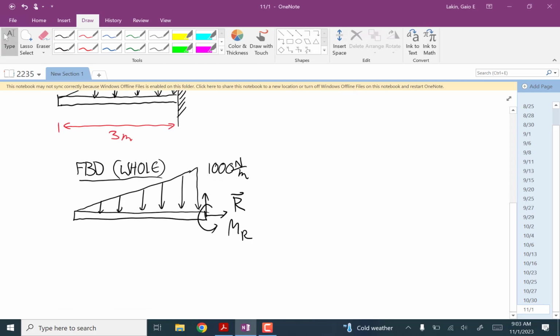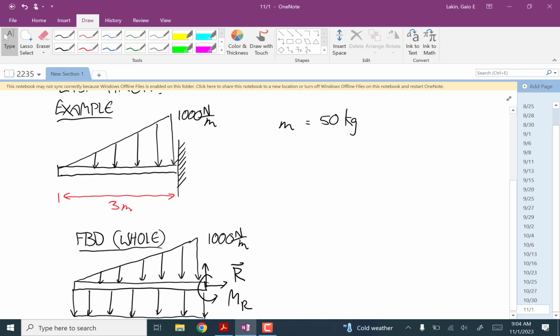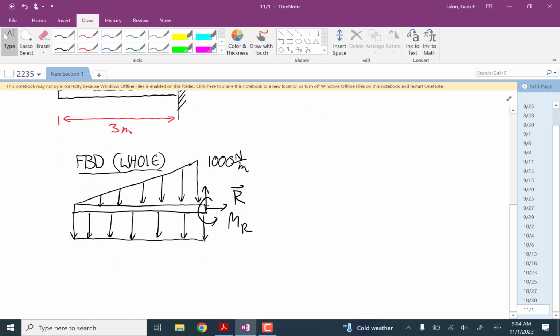And we also have another distributed load from the weight force. That's a uniform one. And that has a magnitude of the total weight, which is 490.5 divided by 3. So that's 163.5 newtons per meter.